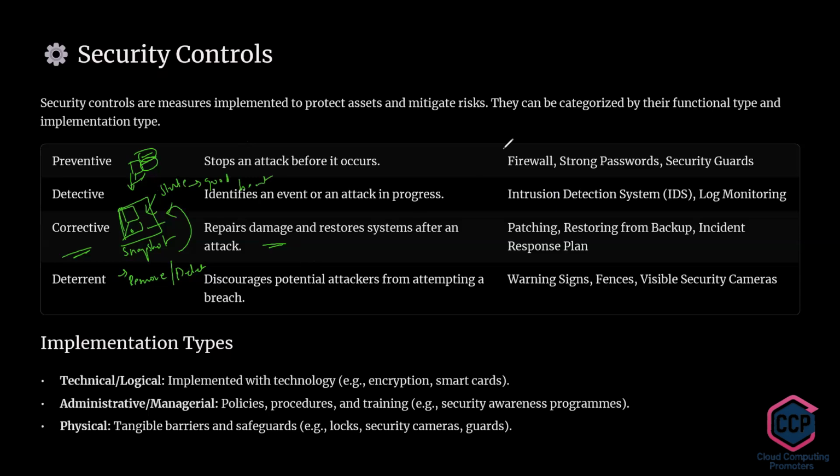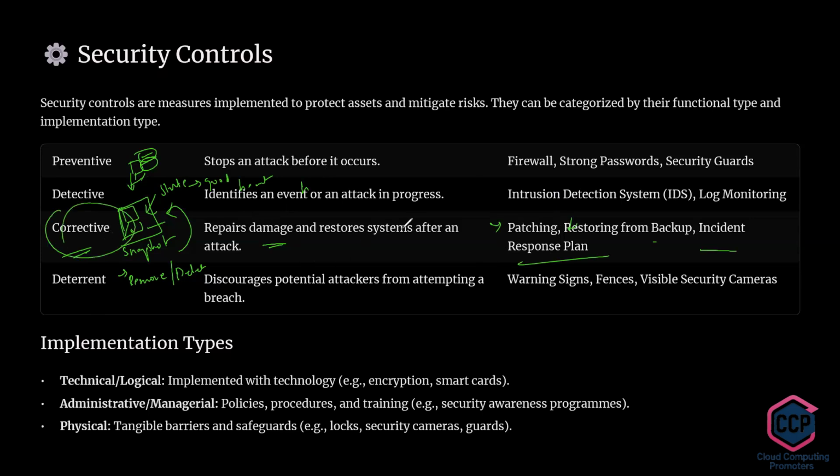It will restore the system from an attack, in the sense that it will revert back to that previous healthy state. So we'll see this one. Patching, restoring from backups, and incident response plans are all taken care of in this step.